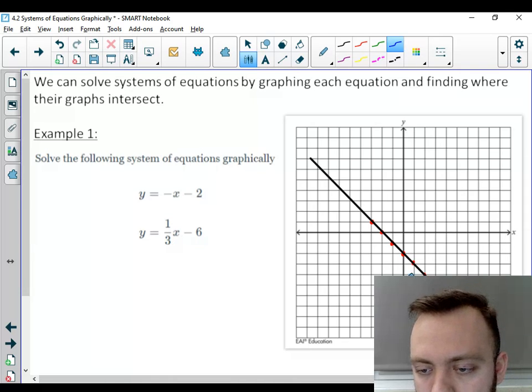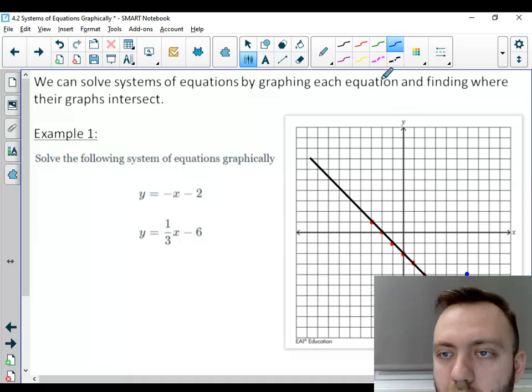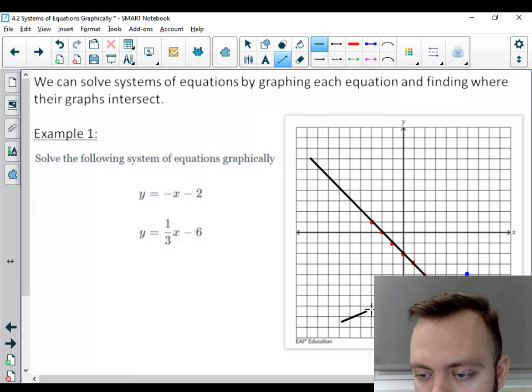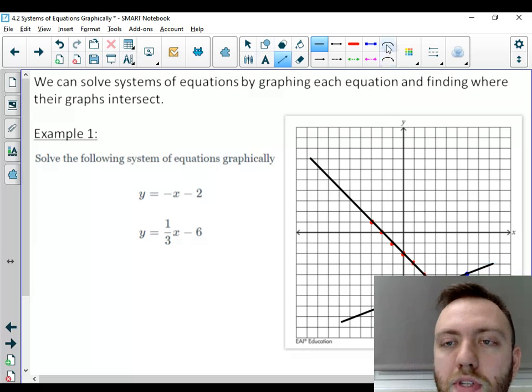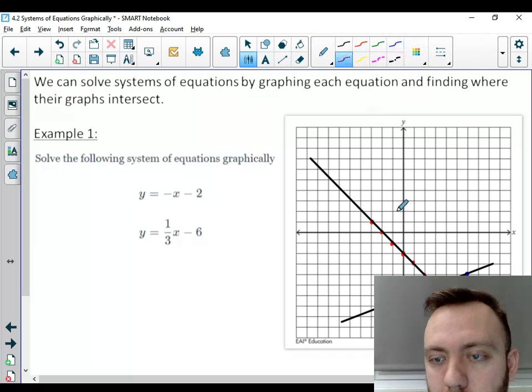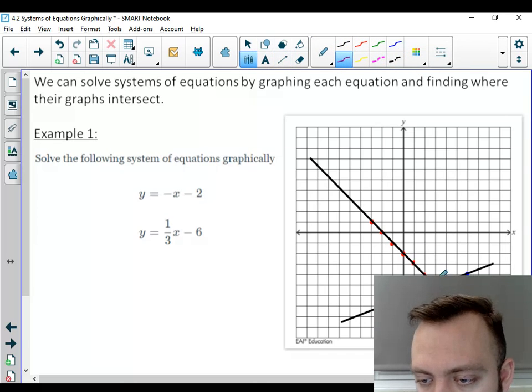So up 1 to the right, 1, 2, 3. Looks like we've already found our solution. And then if we graph that line, we'll notice that their point of intersection is here.